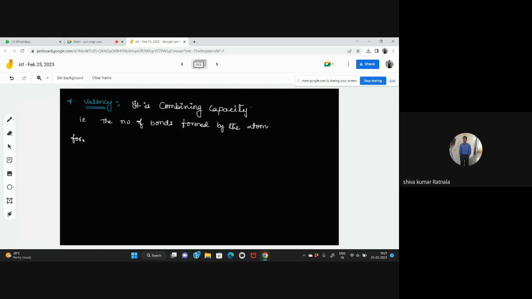For example, nitrogen, how many bonds can it form? 3 bonds, no? Whereas oxygen can form 2 bonds. So nitrogen valency is 3 and oxygen valency is 2, and fluorine can form only 1 bond. Only 1 bond it forms, no?